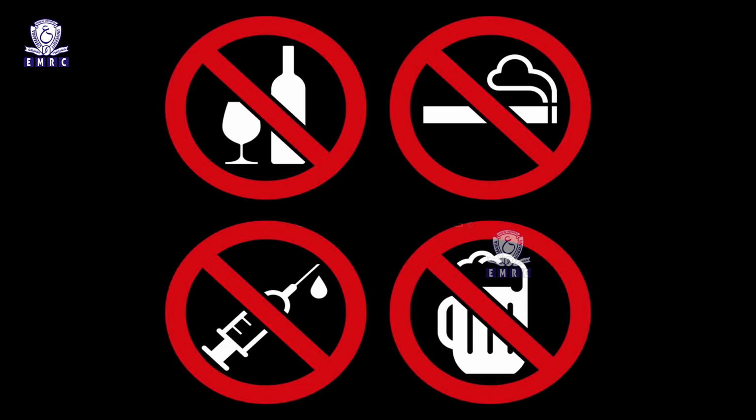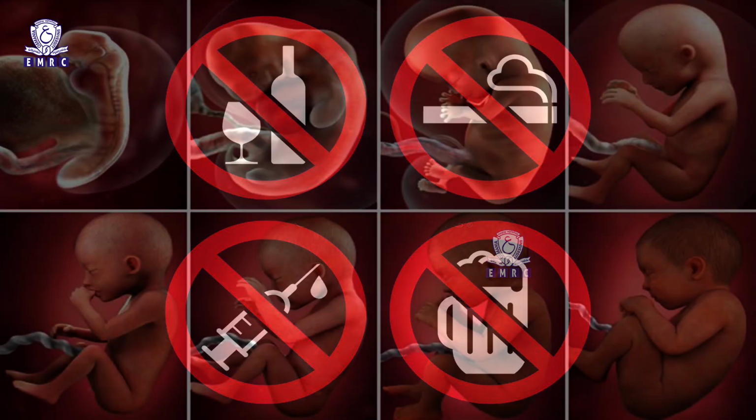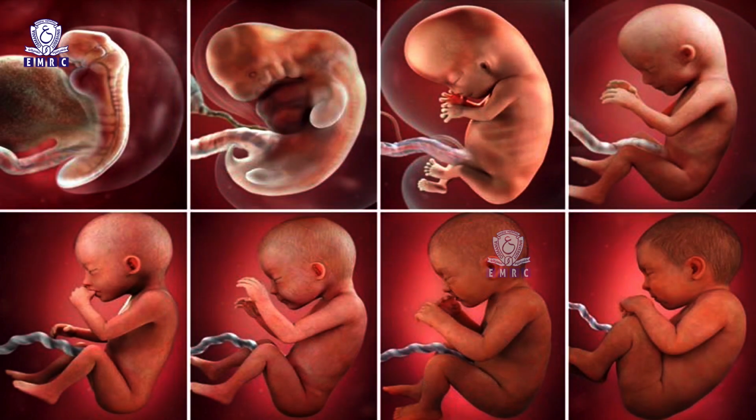Teratogens. A teratogen is any environmental substance or agent, biological, chemical or physical, that can have a detrimental effect on the developing fetus. Like we discussed earlier, exposure to teratogens during the prenatal stage can significantly raise the risk of birth defects.